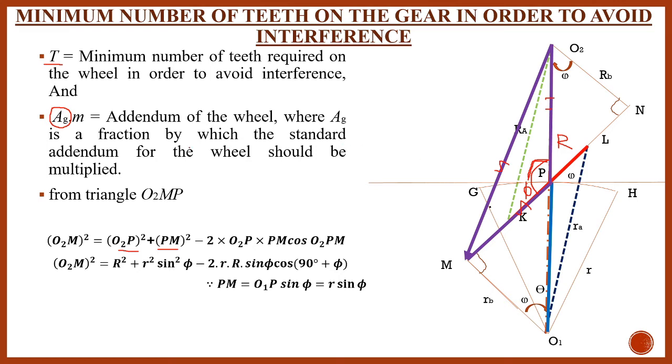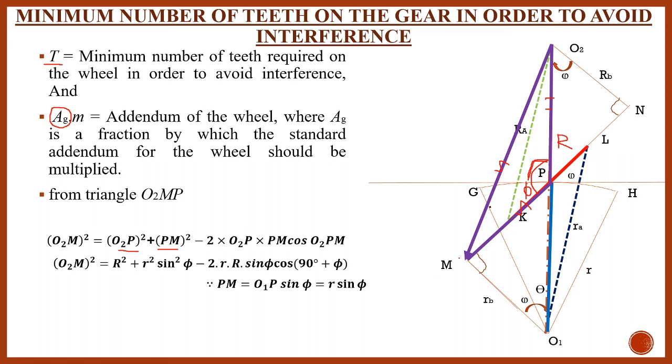Now just consider this triangle O2MP, in which O2M square is equal to O2P square plus PM square minus O2P into PM into cos of 90 plus phi. Again, in this case we need PM.